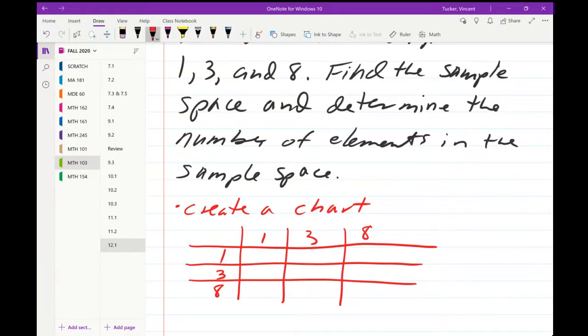So 1 1, 1 3, 1 8, and 3 1, 3 3, 3 8, 8 1, 8 3, and then 8 8.